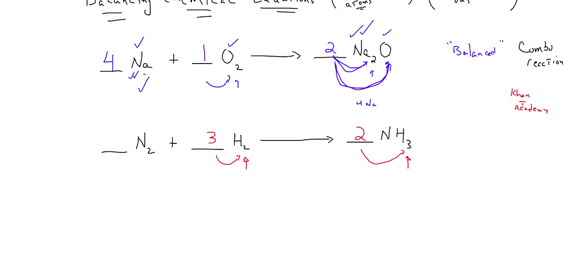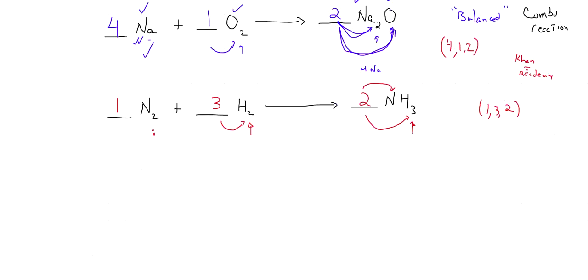Here I have 2 nitrogens now, and here I have 2 nitrogens. So this is good. So I only need a 1. So the coefficients, if we had this on the test, would be 1, 3, 2. And that balances the equation. In the first one, we would have 4, 1, 2. Those are the coefficients that balance the equation. Okay, 4, 1, 2.